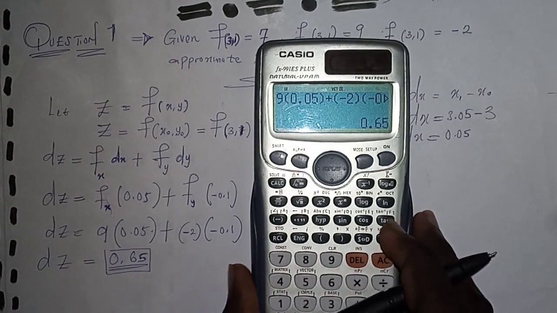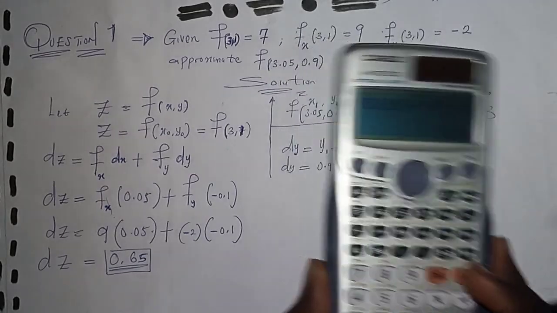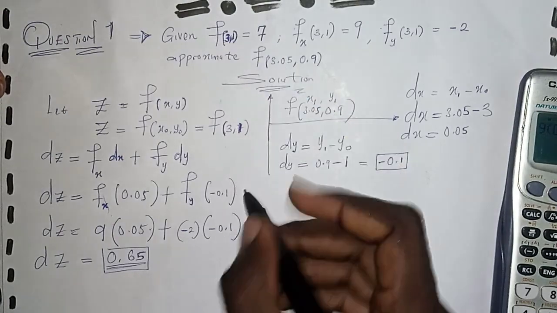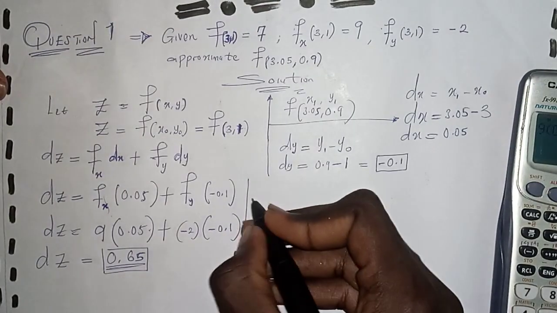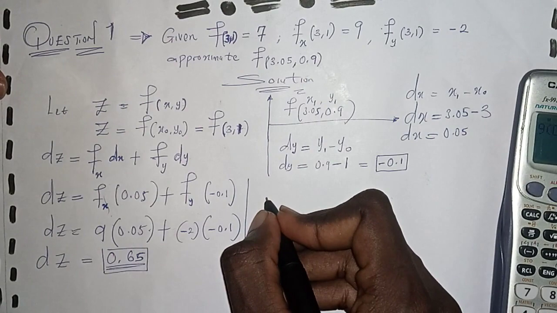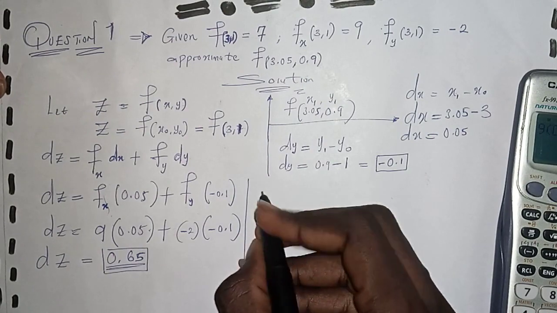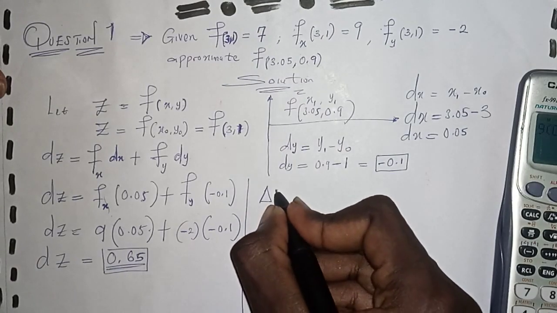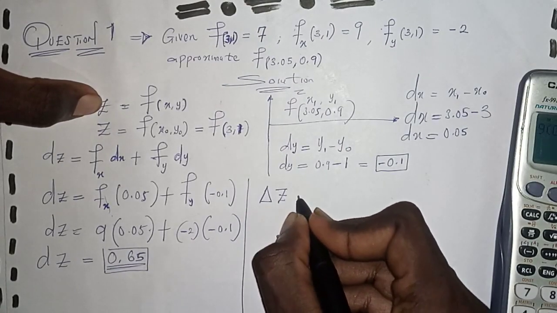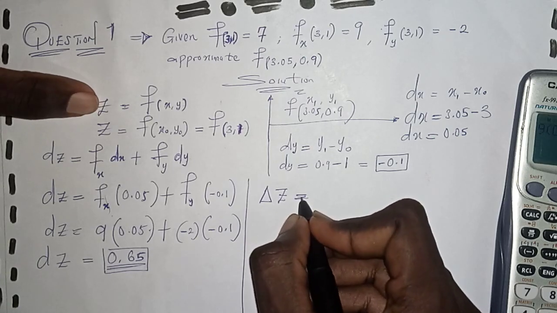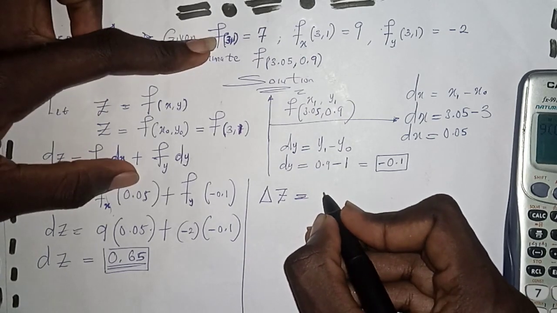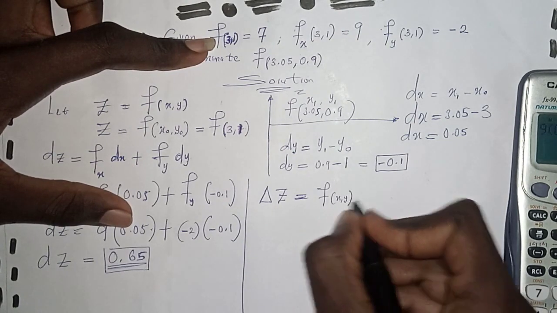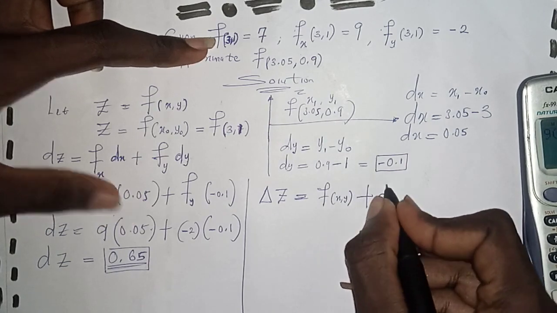Okay, so the next thing for us to do from here is to find an approximate for this function. And we all believe that there is one particular definition which says that whatever you have as your approximation, the change in z itself that we have actually introduced, the result is always equal to the function we have initially, f of x comma y, then it is always added with the total derivative.